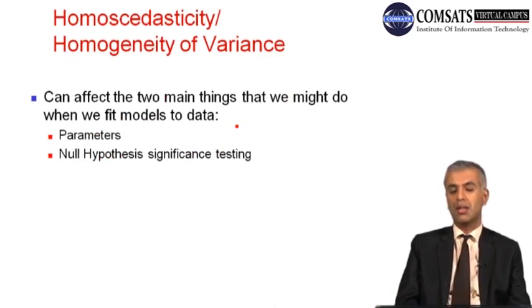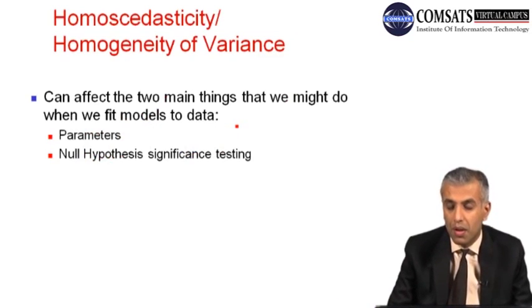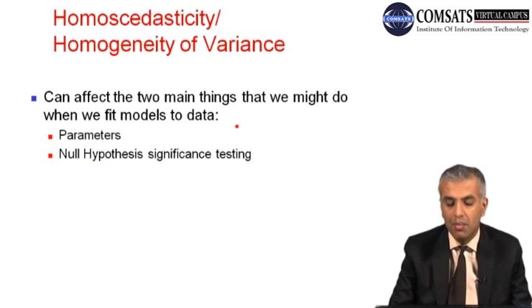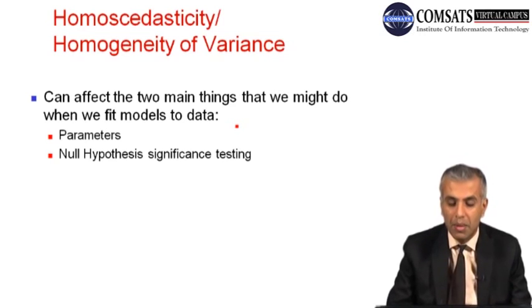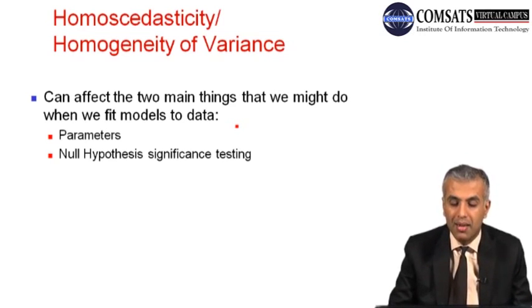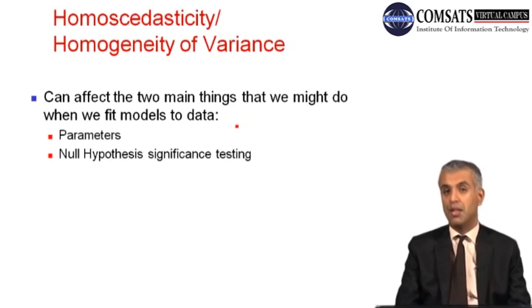Why is it important that we ensure homogeneity of variance? Under this condition, the data can be affected by abnormal values related to the parameters of variables, and the null hypothesis of significance testing is deeply affected by abnormality in homogeneity of variance.